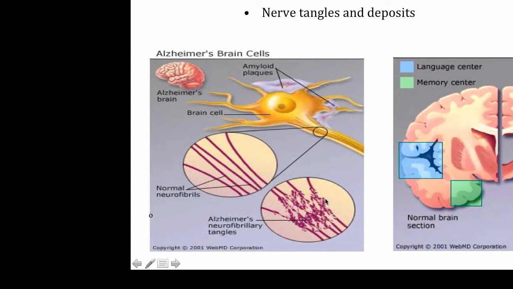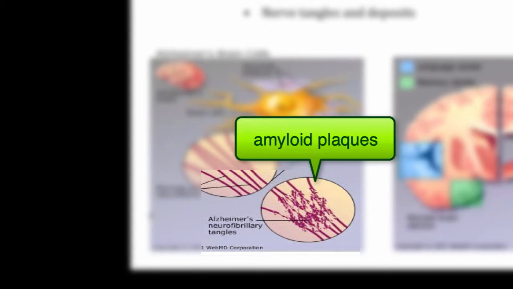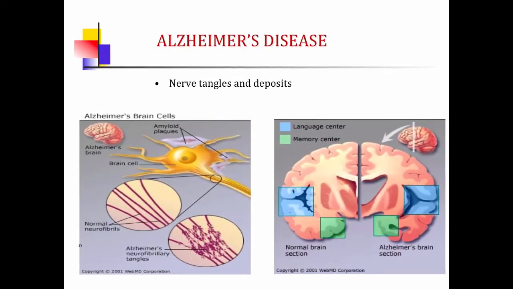However, in an Alzheimer's patient, the brain cells look like this. There are tangles, there are deposits of what are called amyloid plaques that cause a disruption in the fibers, and that leads to an inability of the brain to transmit those nerve impulses and to send those signals and neurotransmitters.